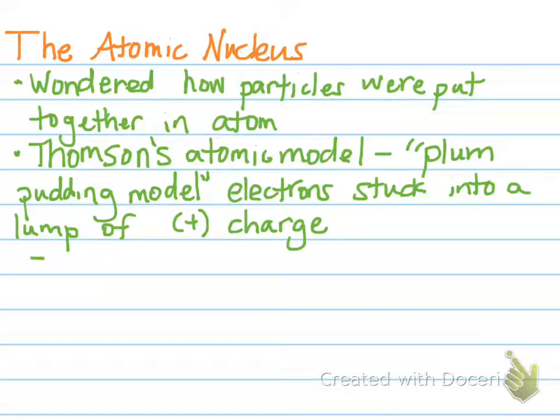He was trying to picture what an atom would look like. And he knew that there was this positively charged part inside of an atom. So he said, well, okay, this positively charged part has these negatively charged electrons stuck into it.